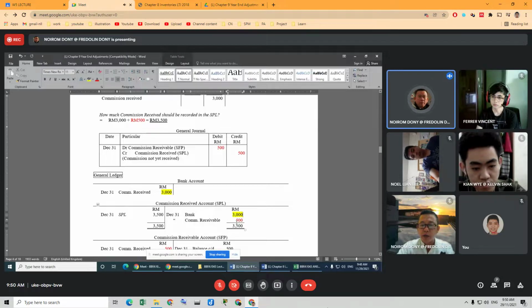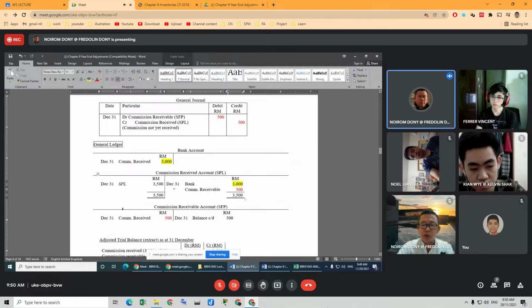And knowing this is a credit, the corresponding entry must be a debit. So we open up the commission receivable account and record 500 on the debit side. In the commission receivable account, we put commission received as the particular.